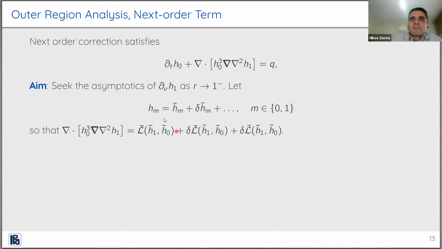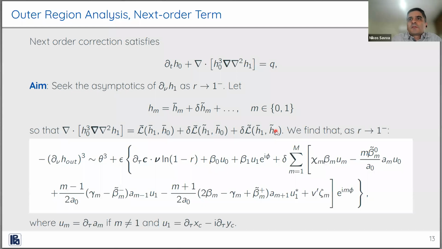This term captures the leading order axisymmetric centroid motion. This term captures how the azimuthal disturbances behave, whereas this term captures the impact of the centroid motion and the spreading motion on the azimuthal disturbances.